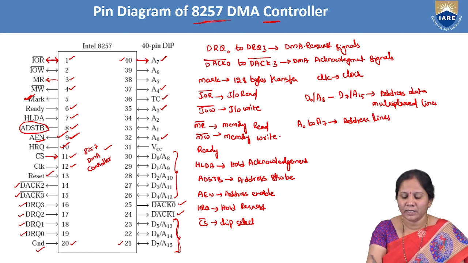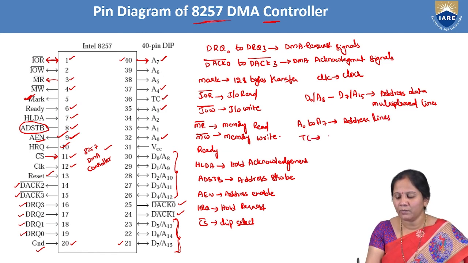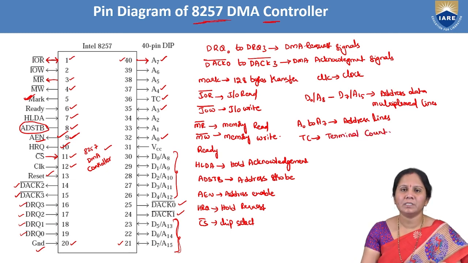And this is TC, which represents terminal count. That means if all the DMA cycles have been completed, this terminal count signal will be enabled. All these are the 40 pins of this DMA controller.